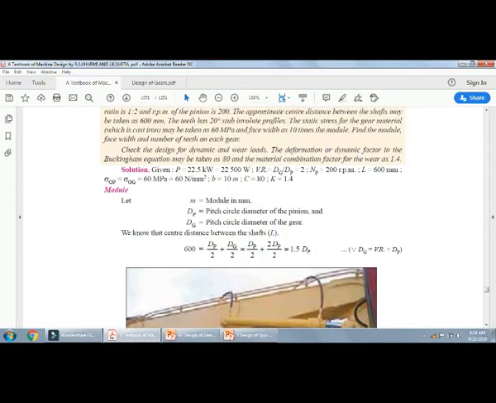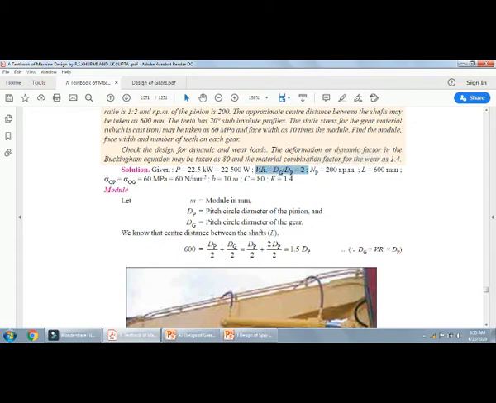Here, dP is the pitch circle diameter. So we may say the center distance L will be equal to dP by 2 plus dG by 2, because the velocity ratio VR is given as 2.